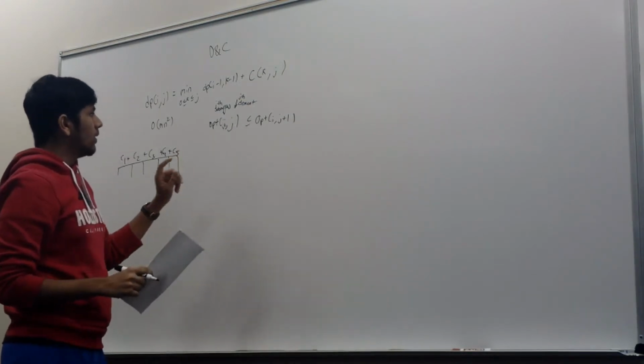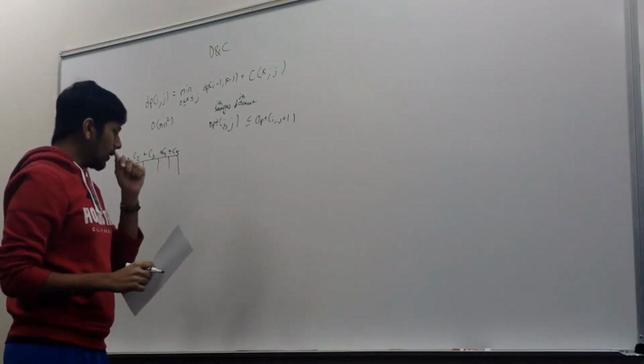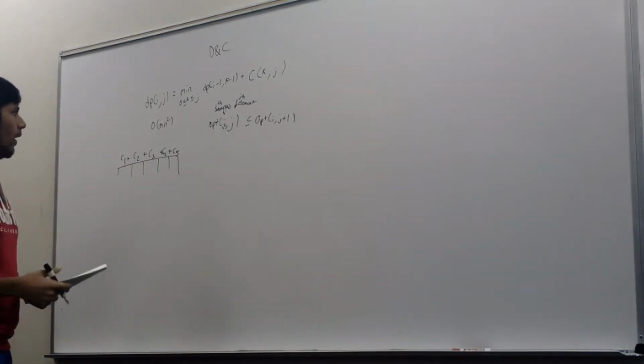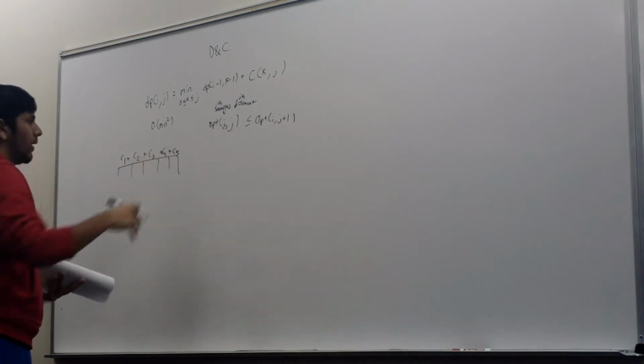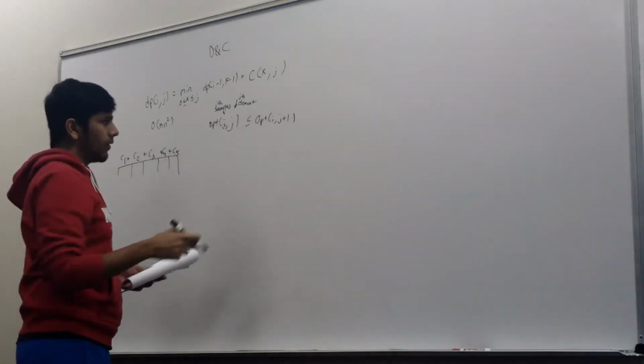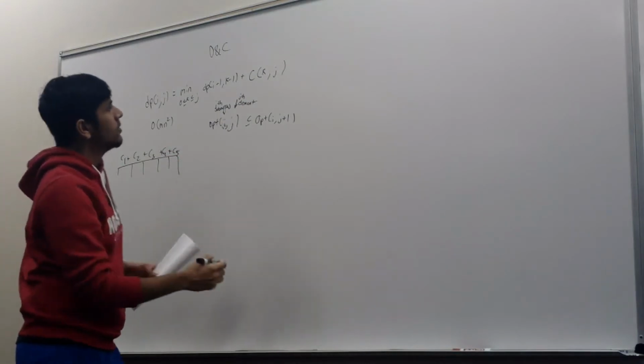And so one sufficient but not necessary condition for having this monotonic transition is something called the quadrangle inequality, or the Monge condition.